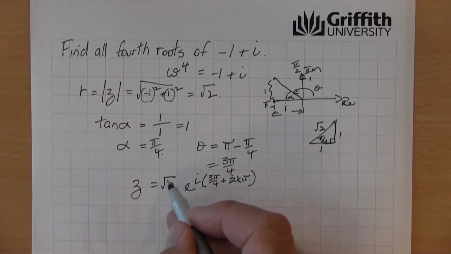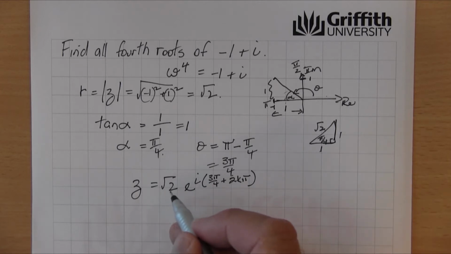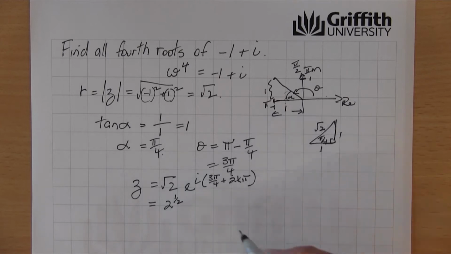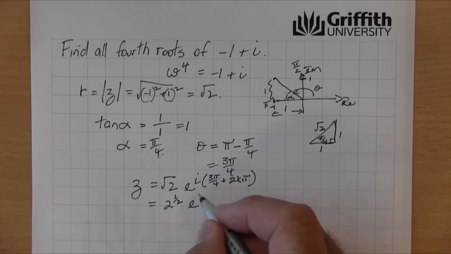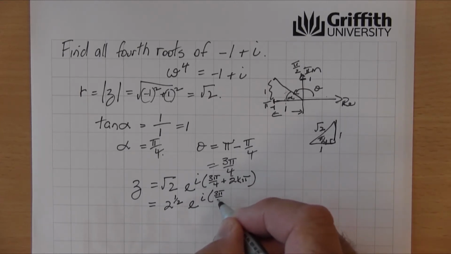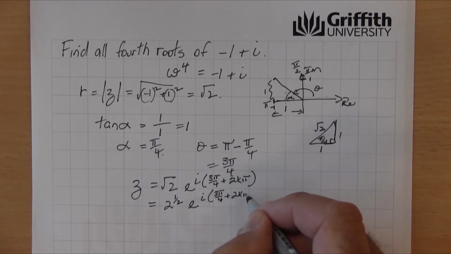And I think rather than using a square root sign, it would be better to express it as a fractional index. So that's 2 to the power of a half, e to the i outside of 3 pi on 4 plus 2k pi.